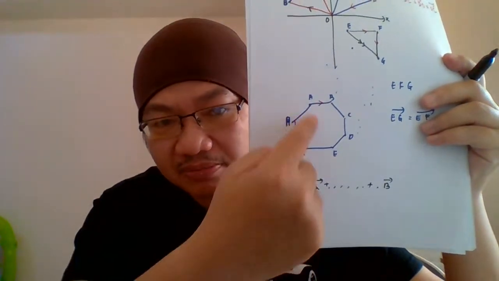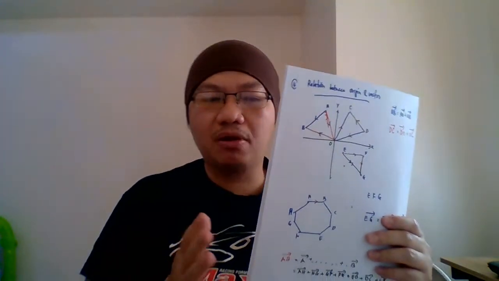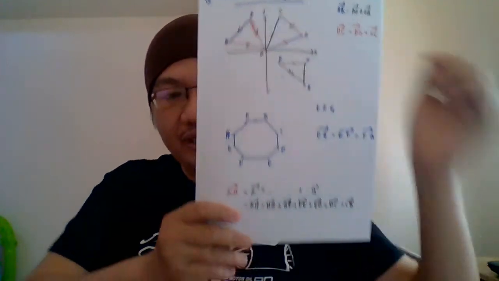Now you need to think how I can find the vector A going to B. The first thing must be A going to H, right? So AB equals AH plus HG plus GF plus FE plus ED plus DC and CB. You see here, this is how we solve the problem if we have this kind of diagram.